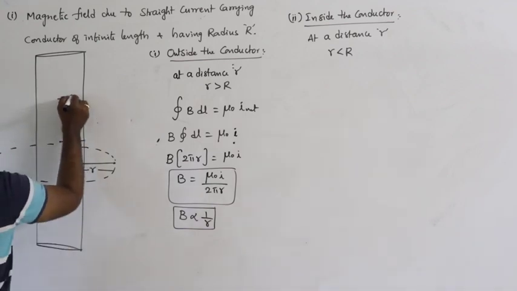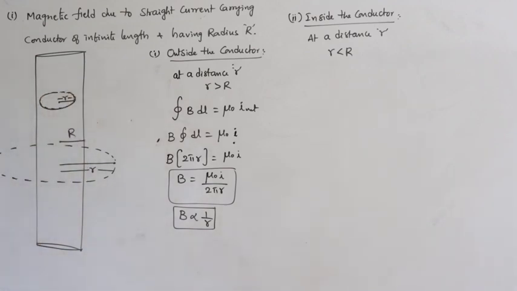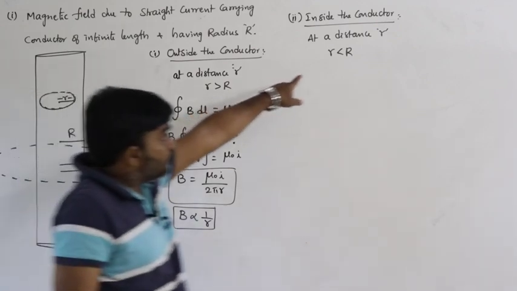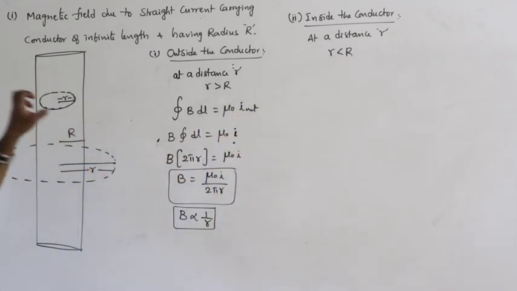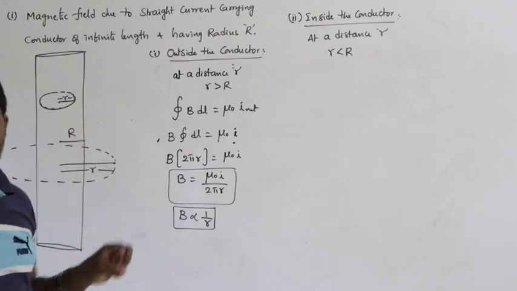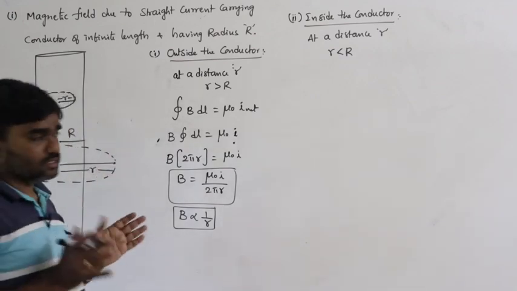For this I have to assume again an Amperian loop. So this is the Amperian loop at a distance small r from the center, with small r less than capital R. That means we have to calculate the magnetic field inside the current carrying conductor having certain thickness.